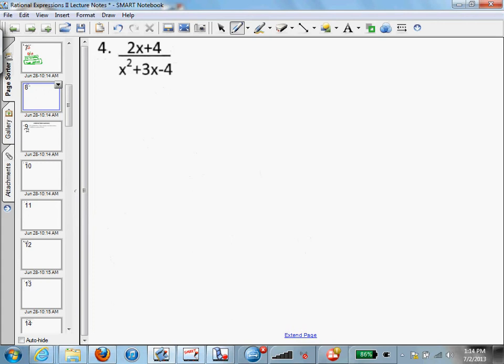Okay, looking at number 4, we have the fraction 2x plus 4 all over x squared plus 3x minus 4. Again, capture the denominator, x squared plus 3x minus 4, and set it equal to 0.